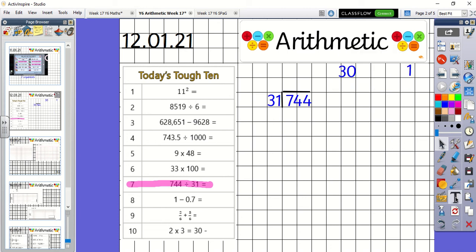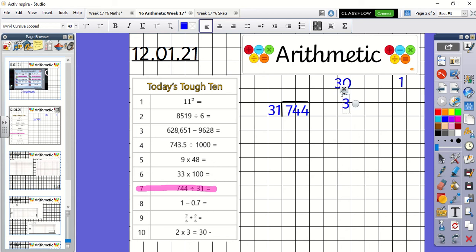Okay then, so I know that 30 is 10 times 3, and that would equal 30.